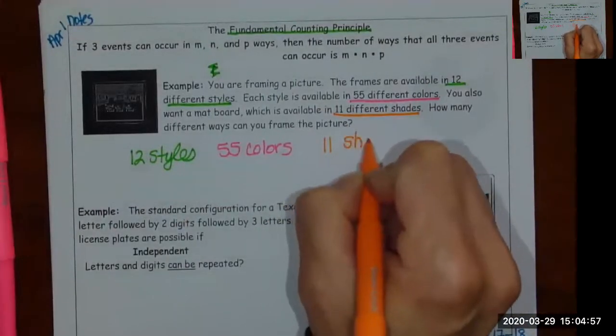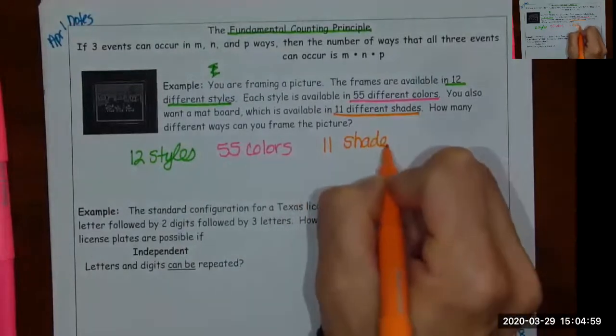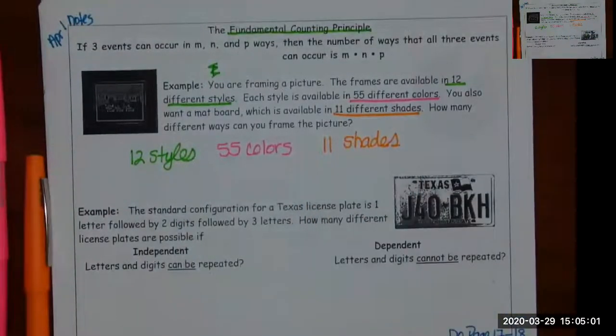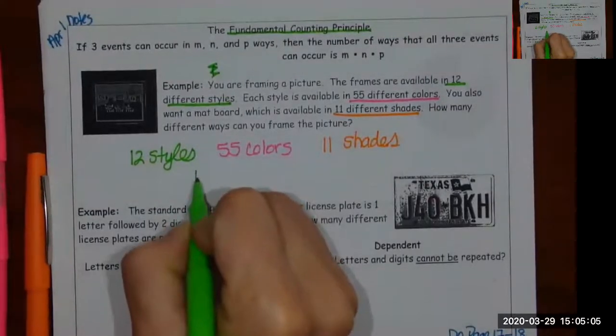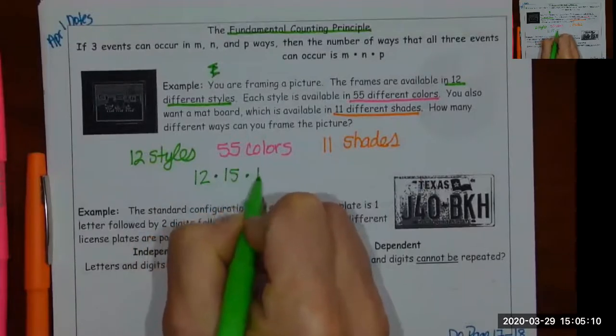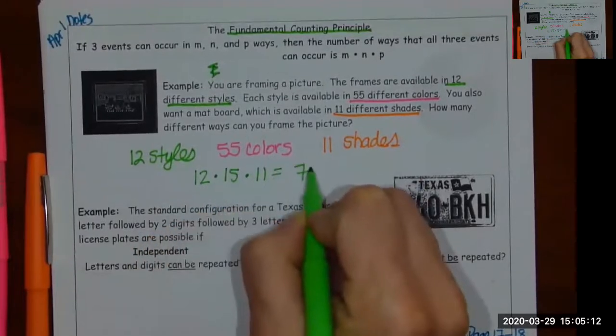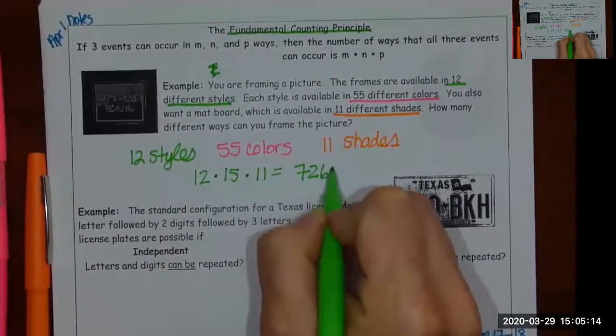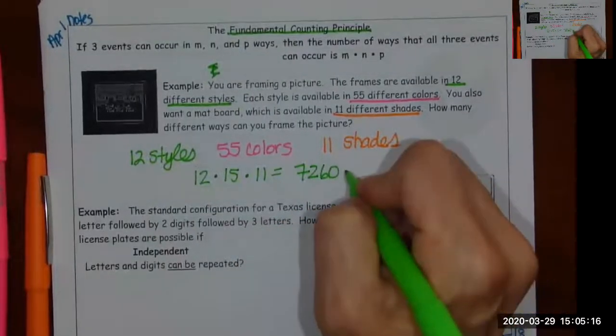I don't know what that means, light blue, dark blue. Okay, how many different ways can you frame a picture? This is very easy. It is simply 12 times 15 times 11 equals 7,260 ways.